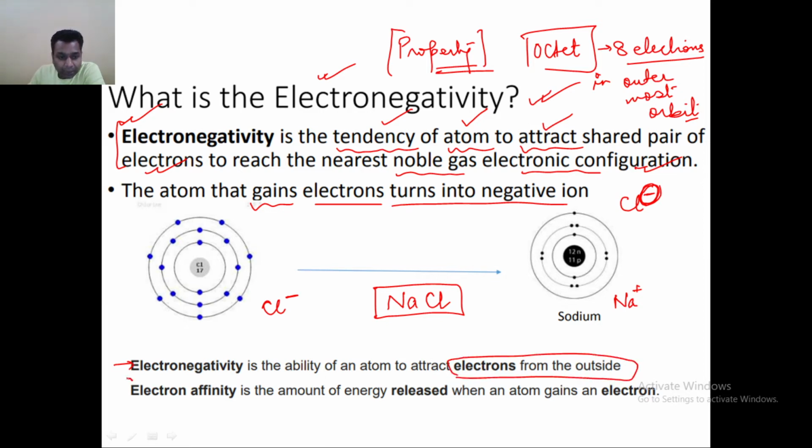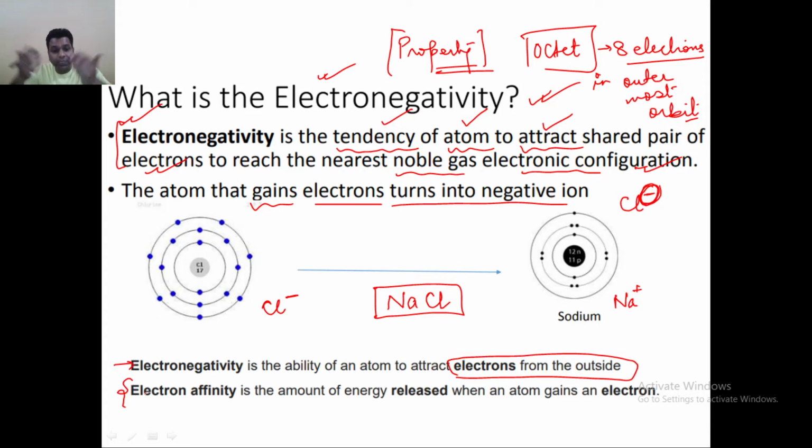One word that we generally encounter is electron affinity. Affinity is sometimes misunderstood with electronegativity, but try to understand, electron affinity is concerned with the release of energy. Electronegativity is the property by virtue of which an electron is attracted, and if an electron is attracted, then electron affinity comes into role and energy will be released.